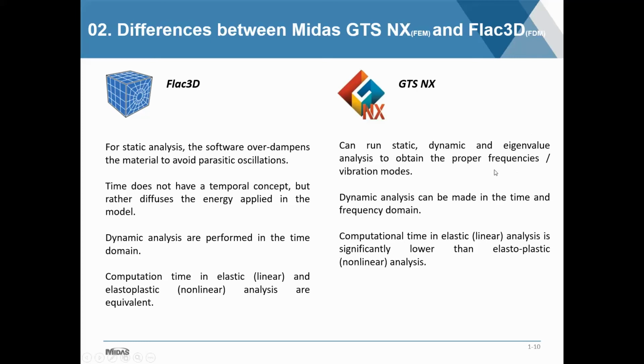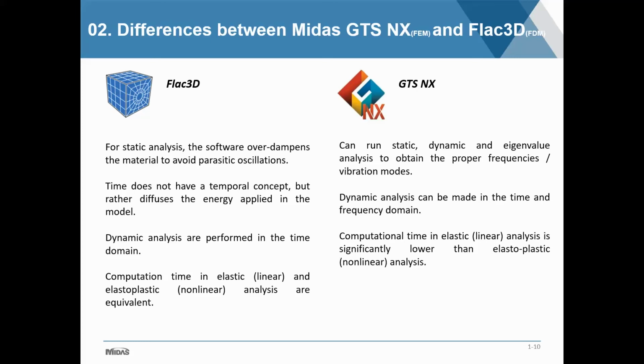In Flag, time does not have a temporal concept. Rather, as we've been saying, they're considered small enough time steps for the energy or the forces being applied to be able to diffuse throughout the model in small enough increments in order to simulate the problem, as they're trying to do either static or dynamic.